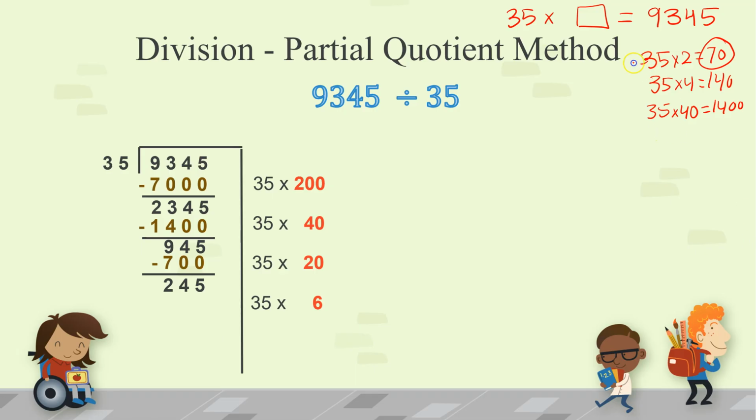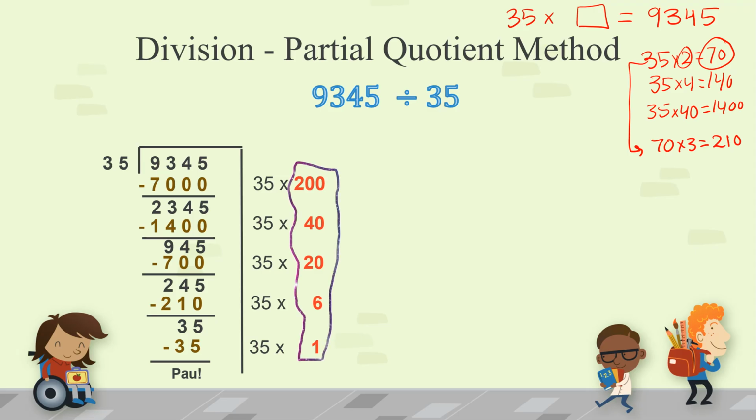This right here is 70. 70 times 3 is 210, so 6 is really 3 doubles. Double 35 is 70, so 3 of those must be 210. So 35 times 6 is 210. I'm going to subtract, and I have 35 left. So 35 times 1 is 35, and I am all done.